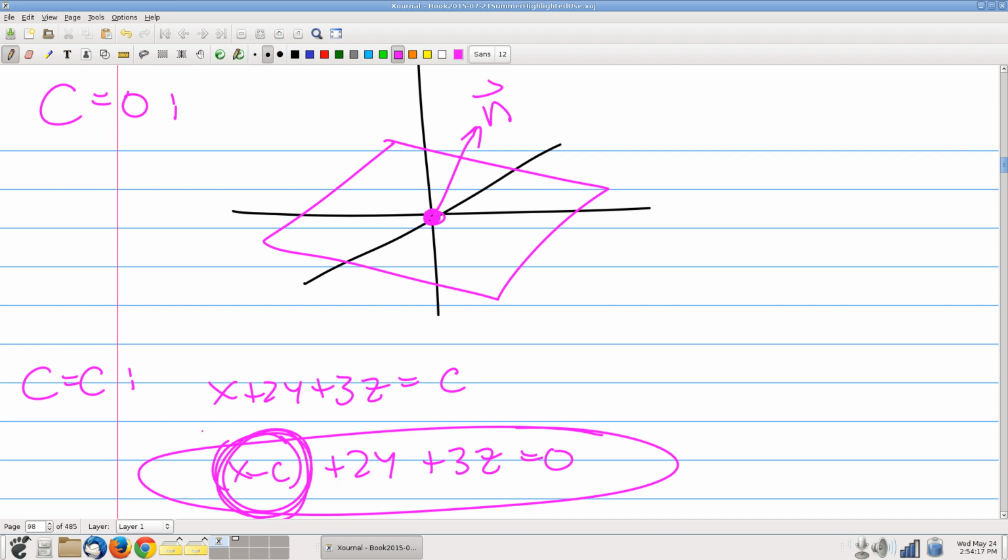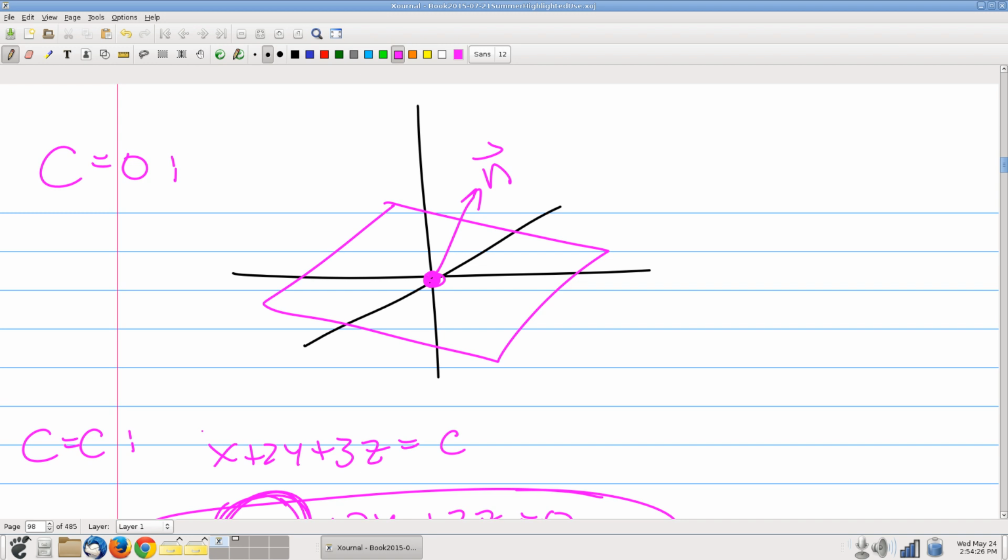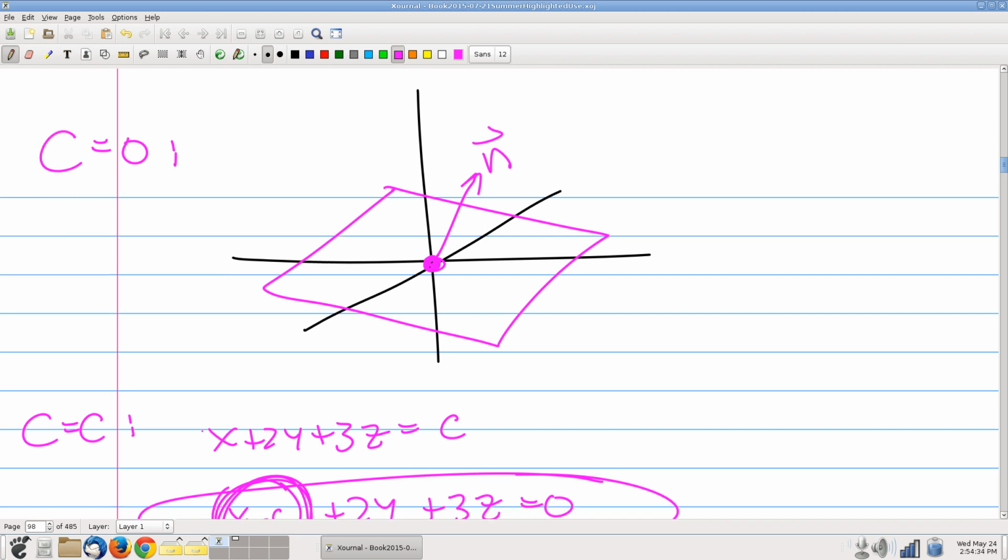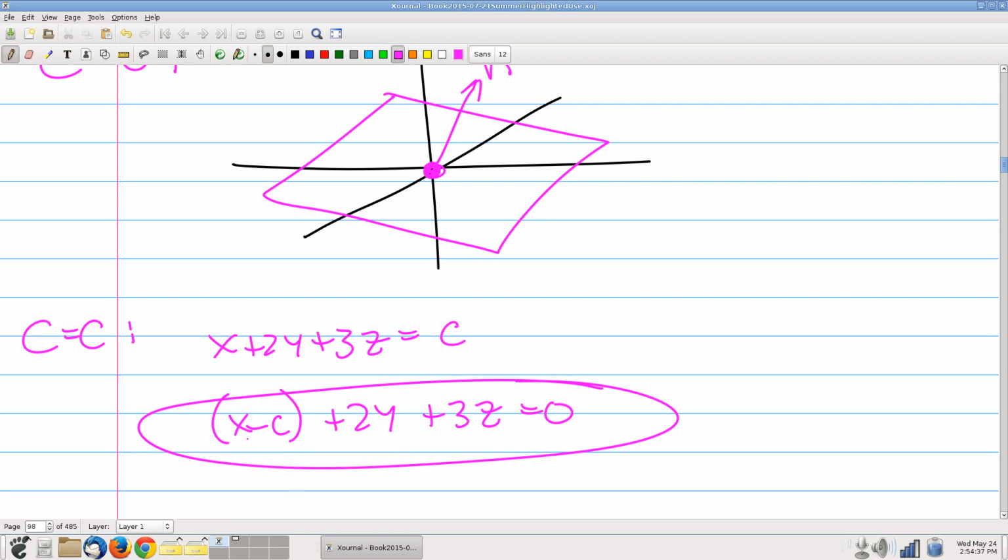I can draw that, and I'll play fair and use a different color.